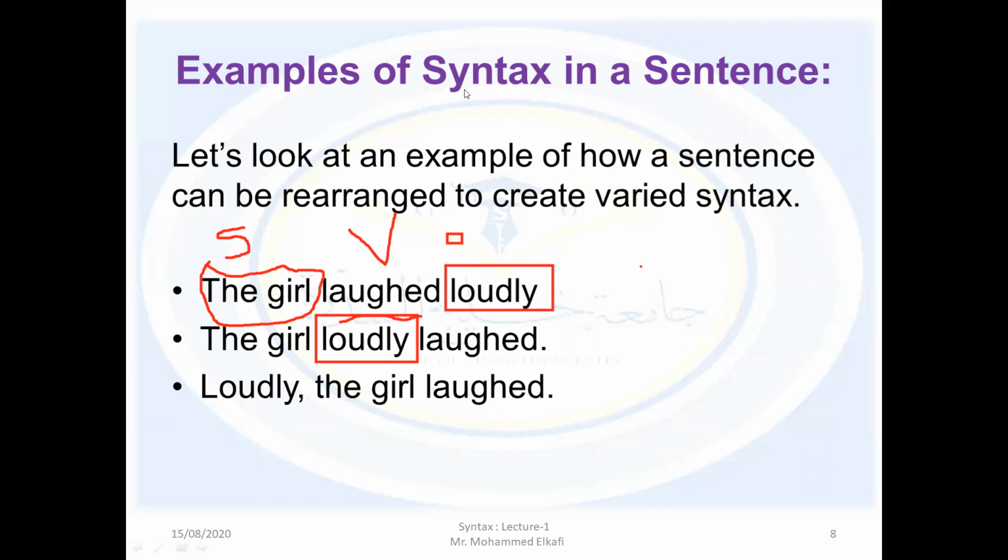Here loudly changes its position. First we found it at the end of the sentence after the verb, in the second sentence between the subject and the verb, and in the third example in the first position, at the beginning of the sentence.